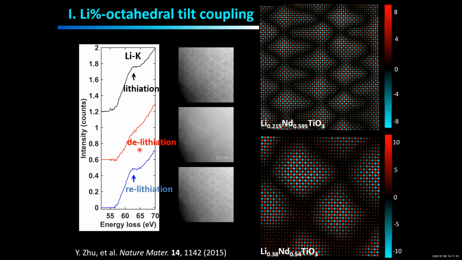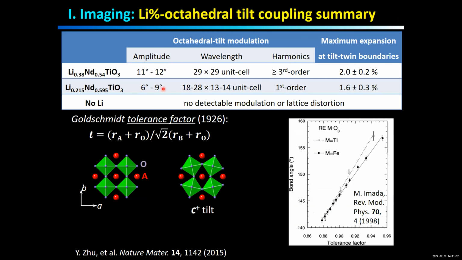As mentioned before, when the lithium is reduced to 0, the nanodomain pattern will disappear completely. So this demonstrates the coupling between the lithium content and the octahedral tilt, which is summarized in this table. Basically, the higher the lithium content, the higher the measured octahedral tilt angle, and also the larger these nanodomains will be. So why is there such a coupling?